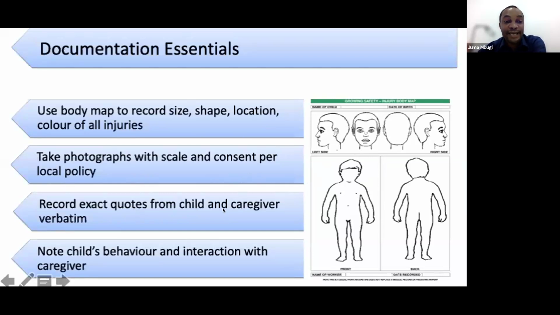And record exact quotes from the child and caregiver verbatim. That means you do not change anything they're saying, you record as they say. And you have to notice the child's behavior and interaction with the caregiver. Some kids may be uncomfortable interacting with the caregiver if the caregiver was the perpetrator.